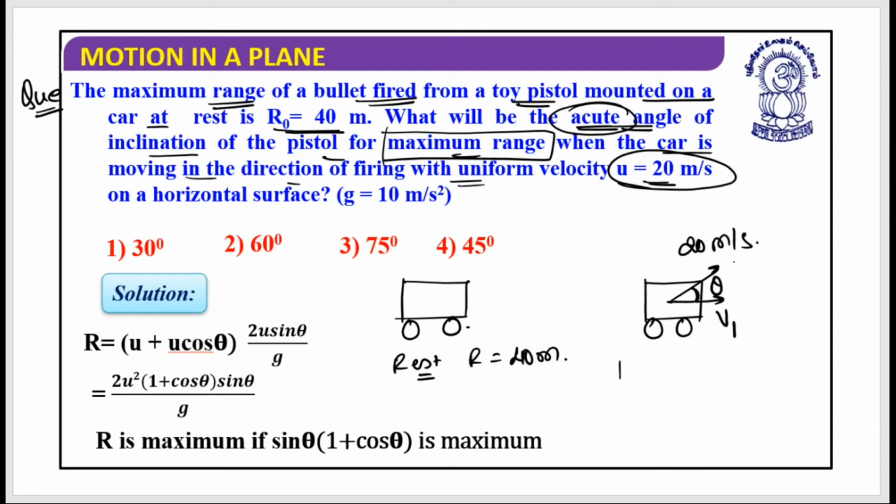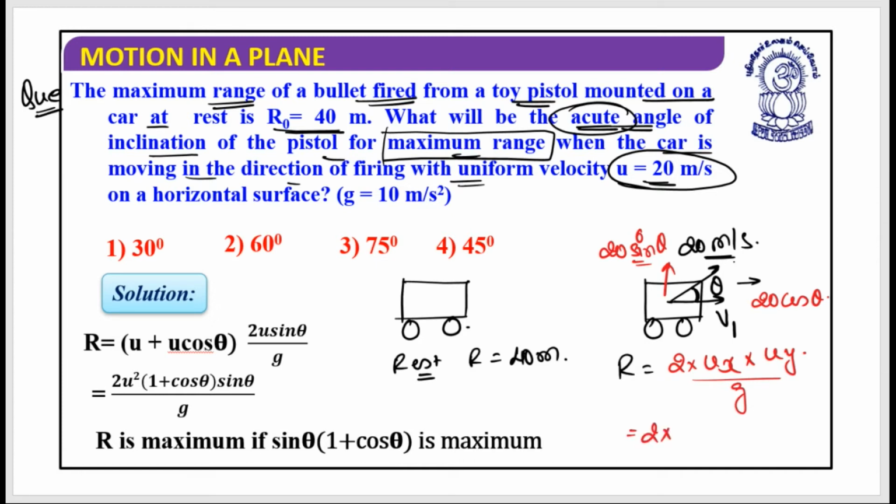So now range would be equal to, look at this, this is 20. For this it's 20 cos theta, and this is 20 sin theta. So its range would be 2 multiplied by horizontal direction velocity multiplied by vertical direction velocity divided by g.